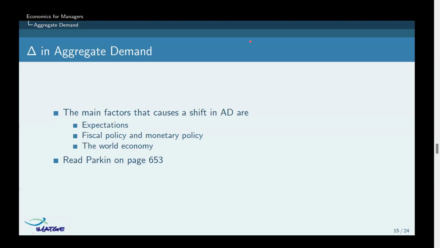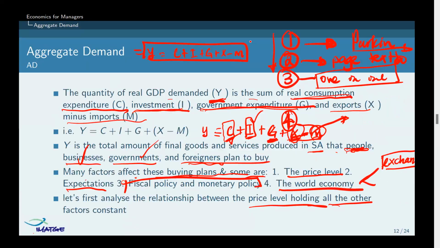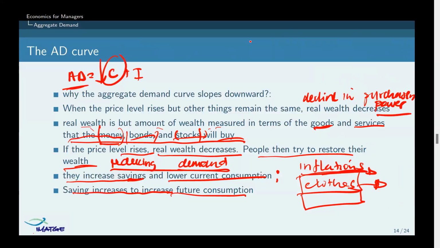Doc, I just wanted to ask, I think I got a bit confused. For example, when the price level goes up and then we increase investment, how I'm seeing it is that our aggregate demand, which is our Y in the formula that has been provided, is just a shift from consumption to investment, which does not necessarily show the impact.